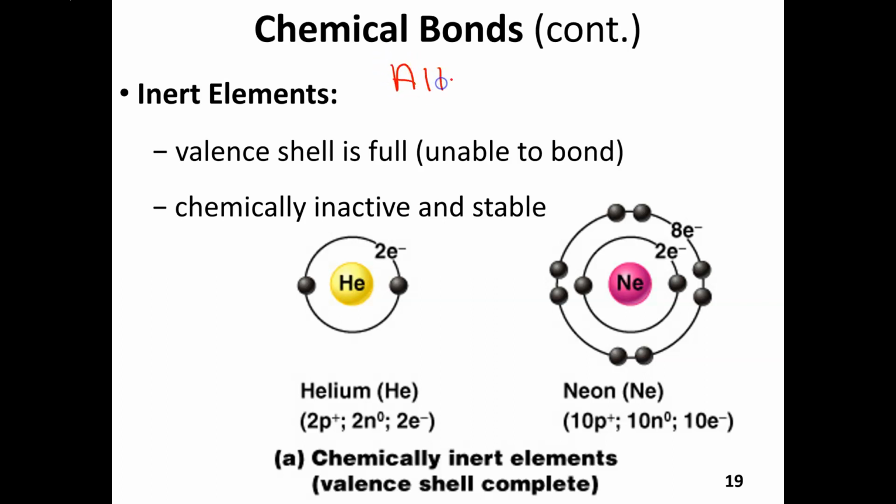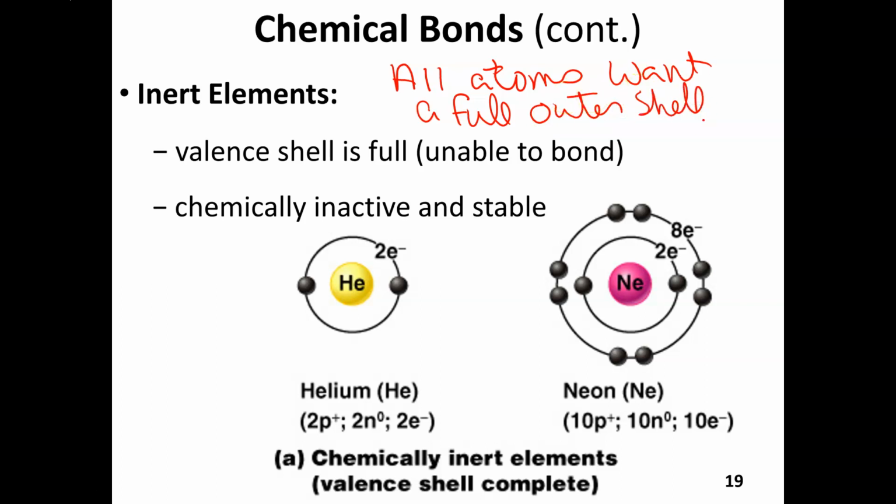So if you are hydrogen, you have one proton and one electron. You want one more electron to have a full outer shell. That would give that first valence shell 2 electrons, which is how many it can have.